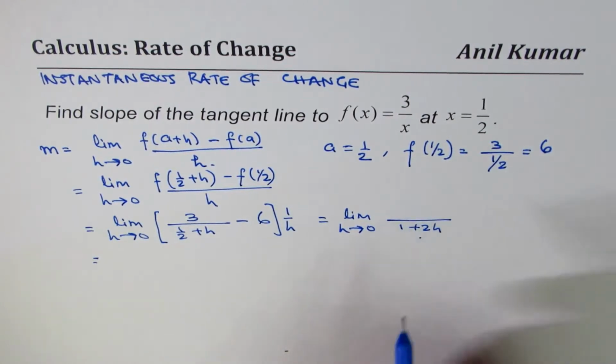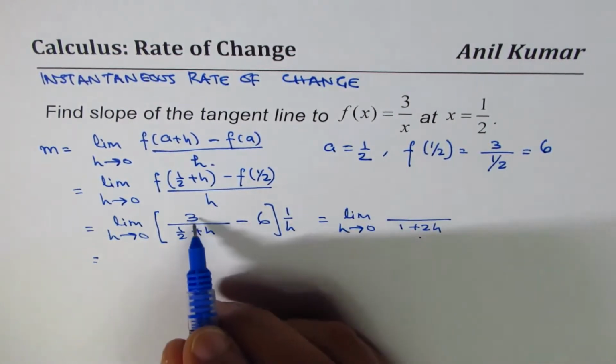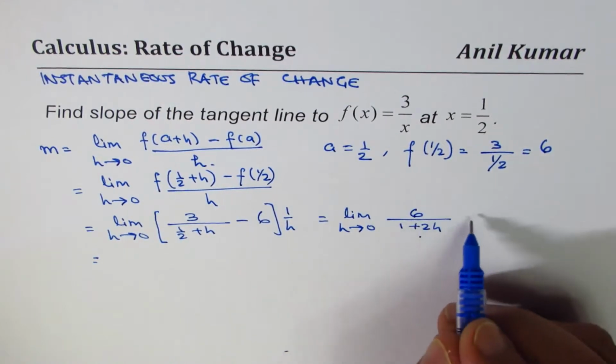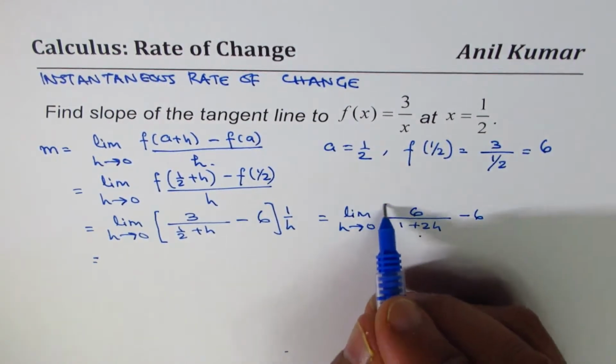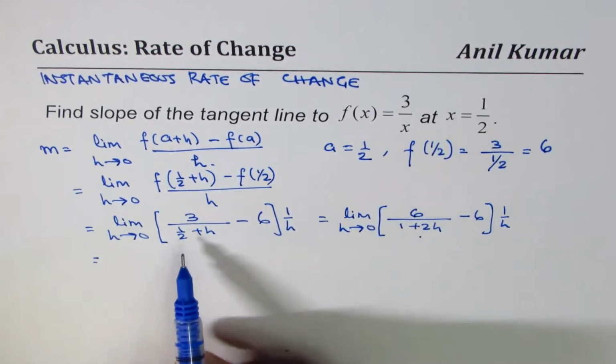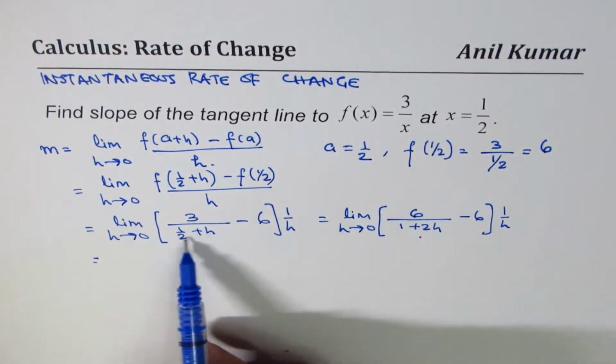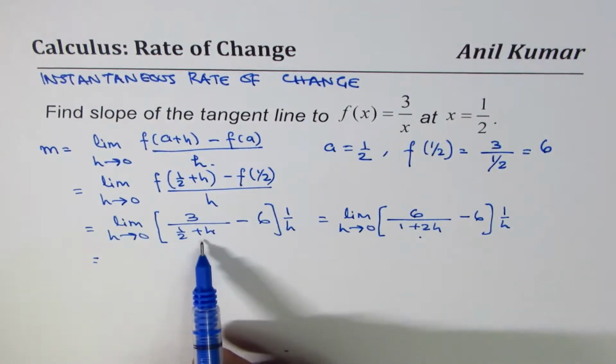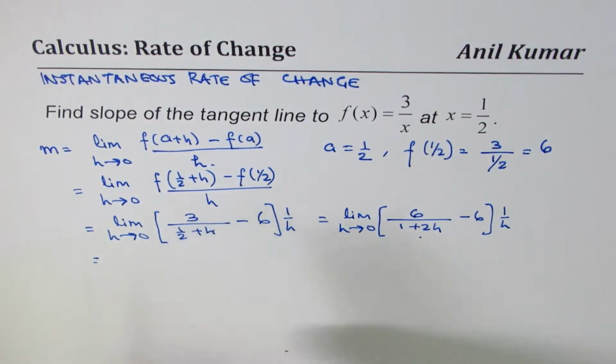I can take this 2 to the top, so it becomes 3 times 2, which is 6, minus 6. Do you understand this step? So what I have done here is I have taken 2 as my common denominator. So I got 1 plus 2h, and this divided by 2 goes up, making it 6.